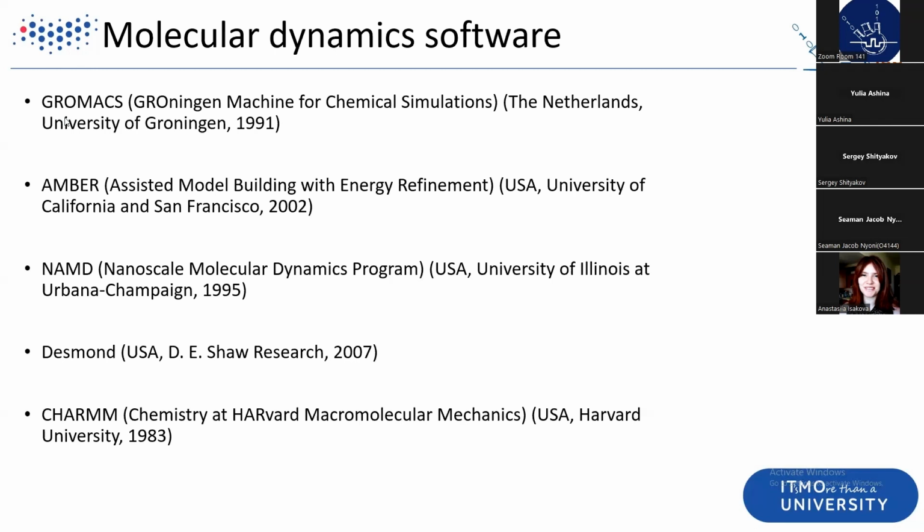AMBER is the Assisted Model Building with Energy Refinement. It was initially designed at the University of California in 2002, and by my experience, is the best so far.